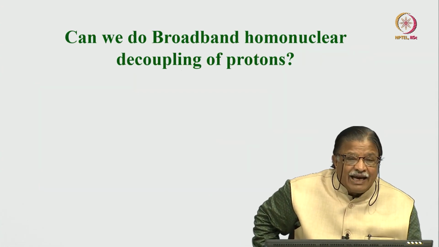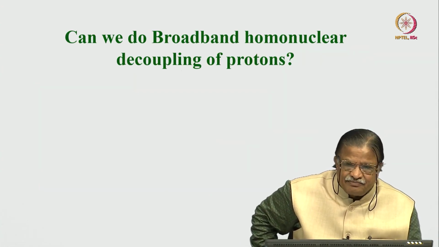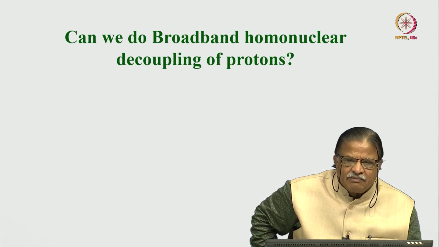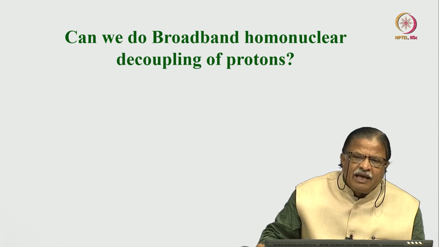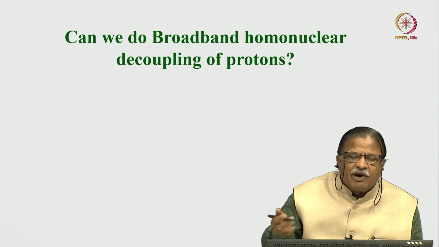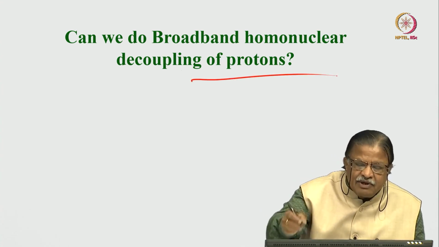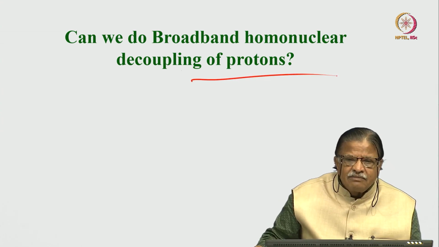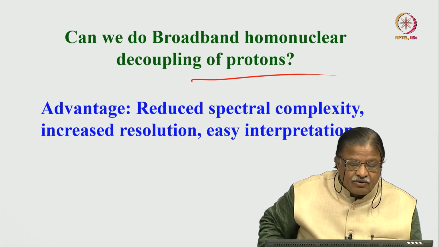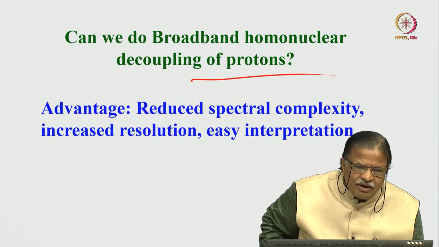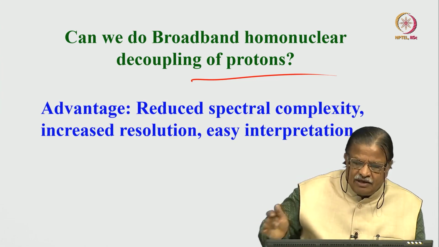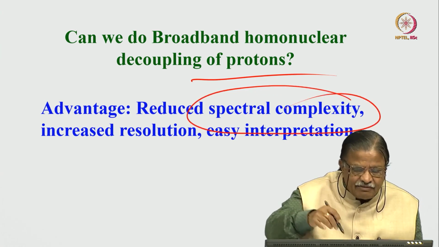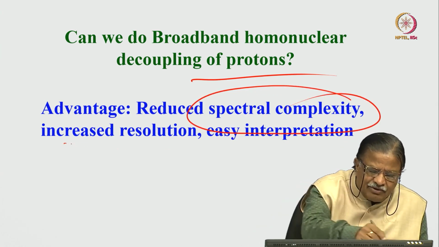Like I said, in the heteronuclear case, we can do broadband decoupling. Of course, we lose the coupling information, but to simplify the spectral complexity, can we do broadband homonuclear decoupling of protons like we did for heteronuclei? This question has challenges, but if you can do that, you can reduce the spectral complexity and get better resolution.